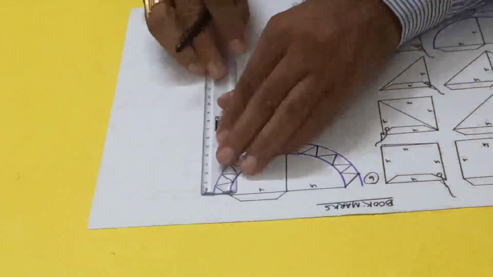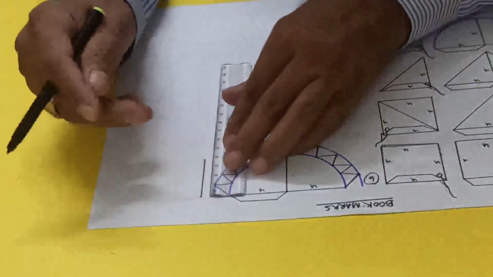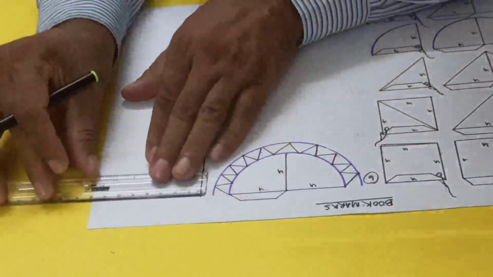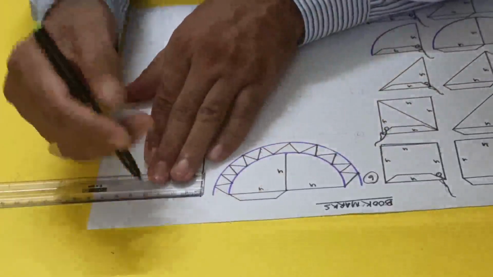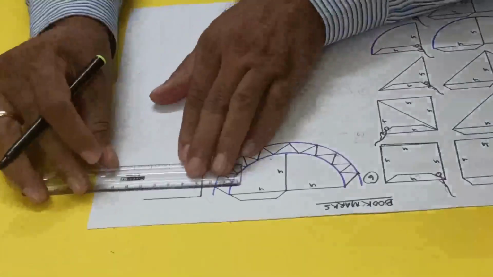Okay, so after cutting and pasting, you will find like this, the 4 centimeter, this also 4 centimeter, right? So this is the border.